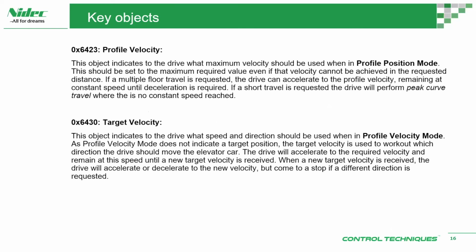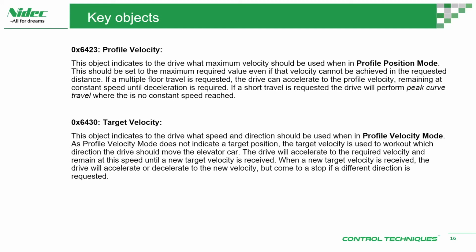Profile velocity 6423. So this object indicates to the drive what maximum velocity should be used when in profile position mode. This should be set to a maximum required value, even if that velocity cannot be reached in a specific travel in a requested distance.